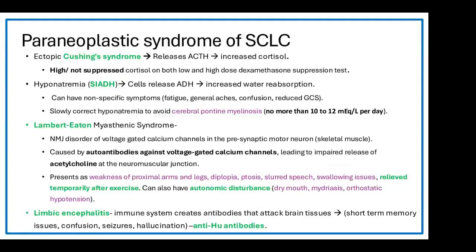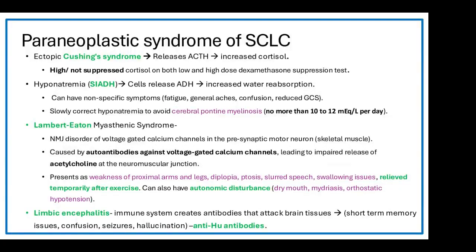Lambert-Eaton myasthenic syndrome is a disorder of the neuromuscular junction. Essentially, the tumor is causing antibodies against the voltage-gated calcium channels, which causes impaired release of acetylcholine, and this causes weakness in the arms. It can cause weakness in the eyes as well, so it can cause drooping of the eyelid, slurred speech, swallowing issues.